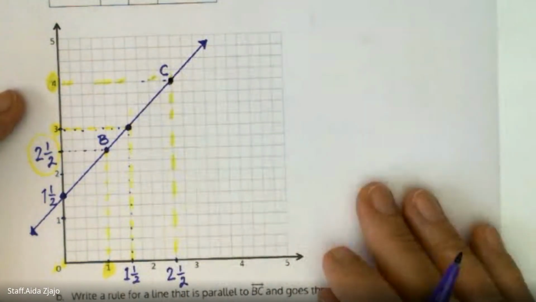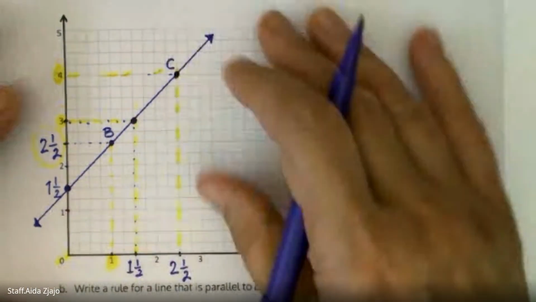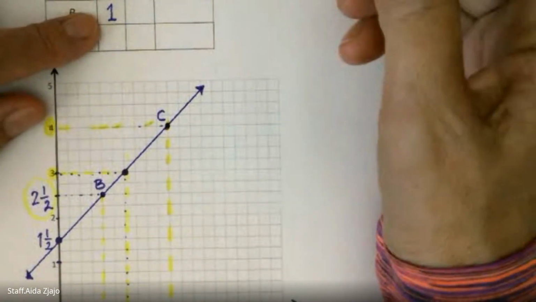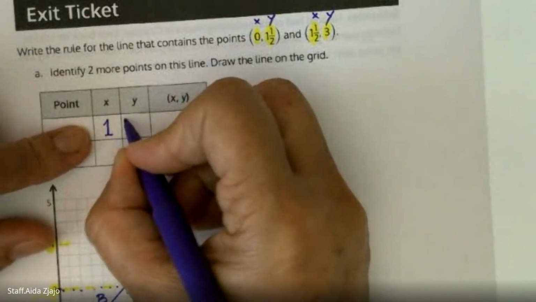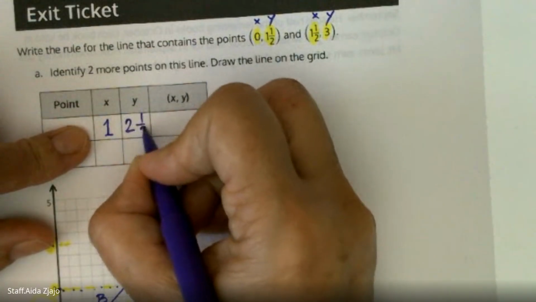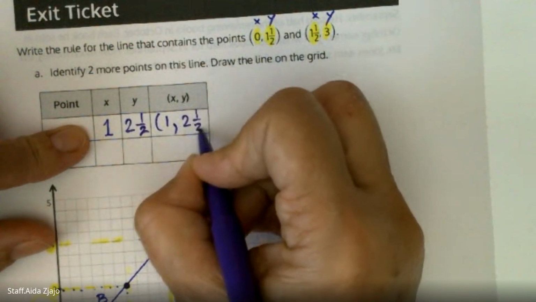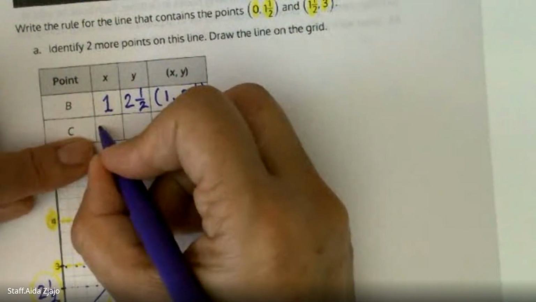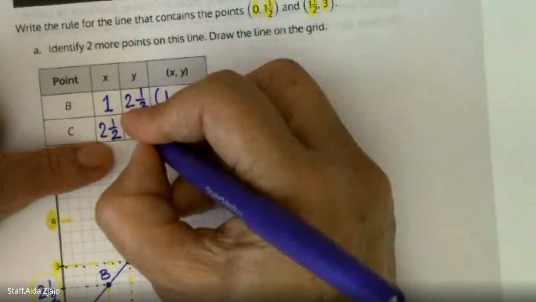So now what I usually like is to label those points. Let's do this first. If x is 1, y is 2.5. So the point is 1, 2.5. If x is 2.5, then y is 4.